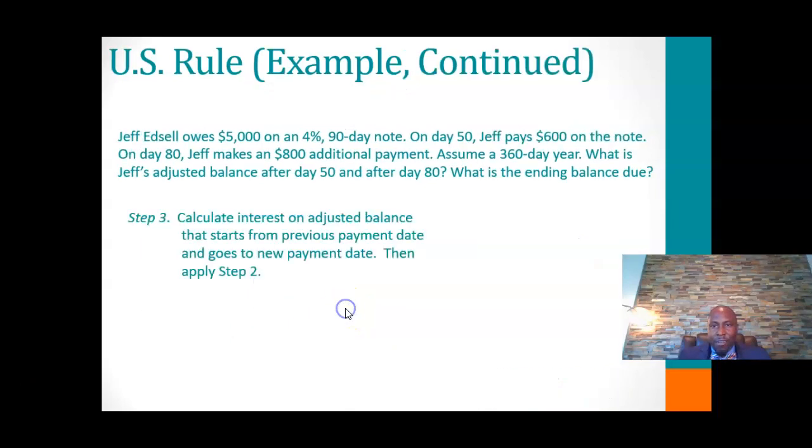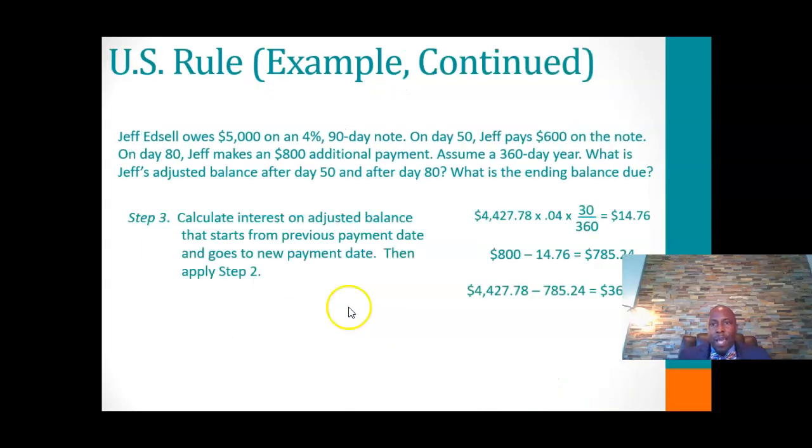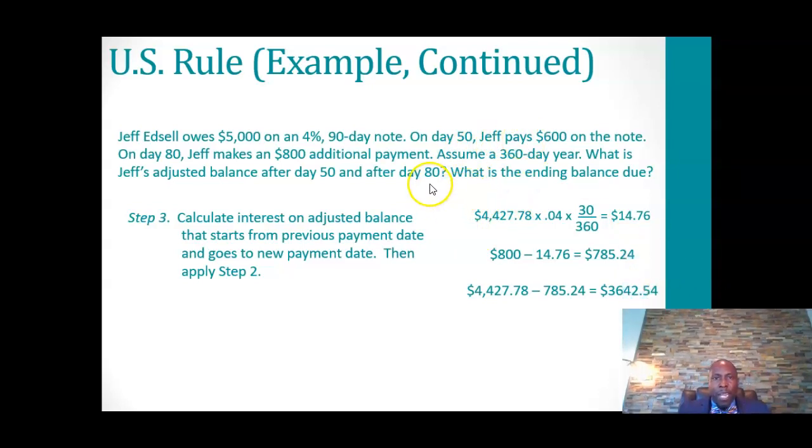Let's continue. So we know that the amount was $4,427.78 was the principal balance after he paid the first payment, right? So the next payment is paid on day 80. So between day 50 and day 80 is a 30-day time period. So we're now going to calculate the interest from the date the first payment was made until the date he made the additional payment.